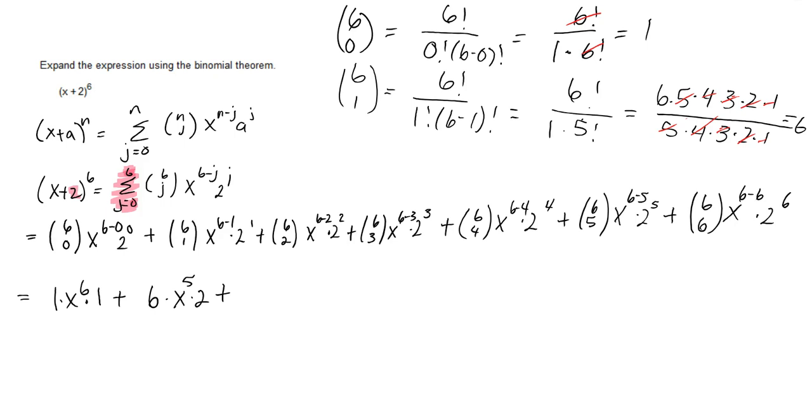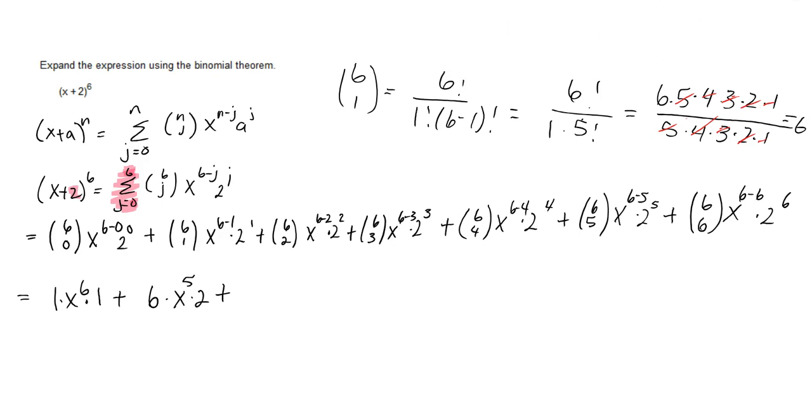Then we want to calculate 6 choose 2. That would be 6 factorial over 2 factorial times 6 minus 2 factorial.